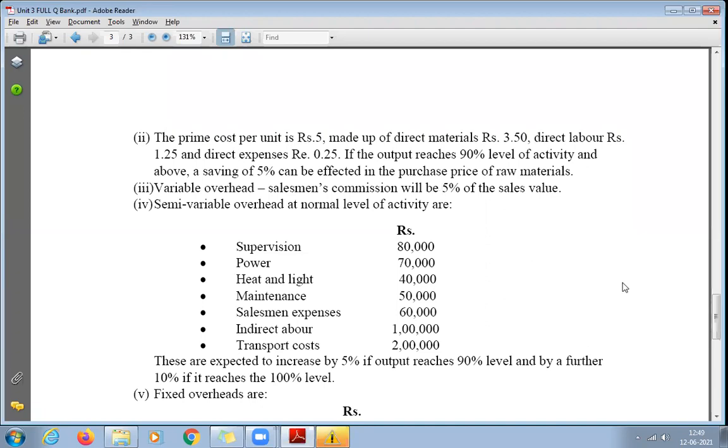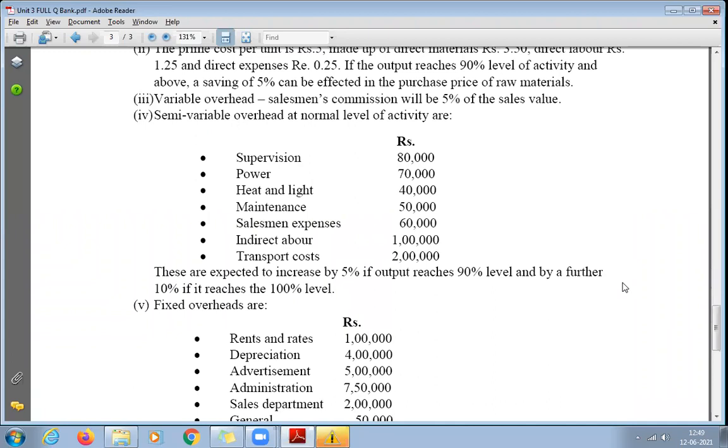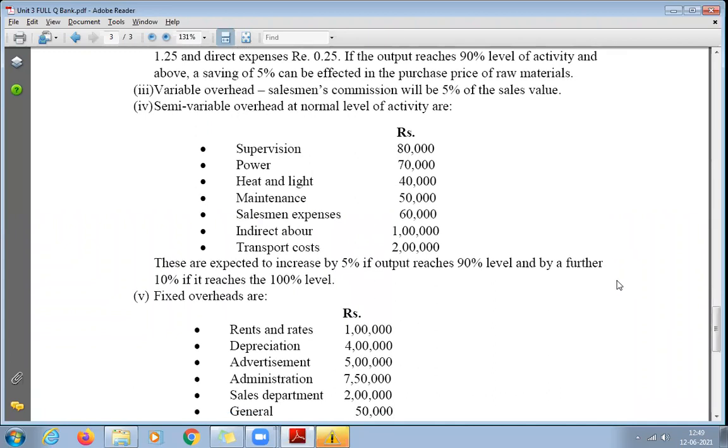And then he has told us semi-variable overhead. For normal level, he has given us that semi-variable overhead, 80,000, and he has given power, supervision, heat, light, maintenance, everything. This is for normal level. Normal level means how much percentage? Is it 80, 90 or 100? In this question, when it says normal, it applies 80% output level.